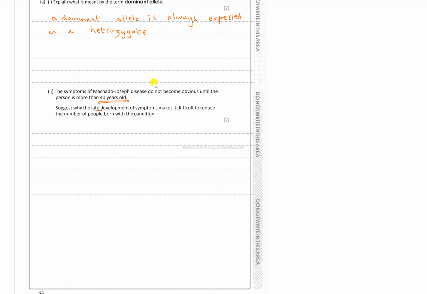This suggests why late development of symptoms makes it difficult to reduce. So remember, people have children in their 20s and 30s.